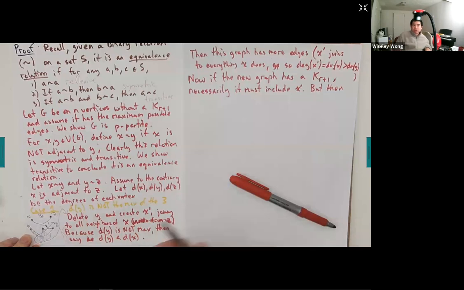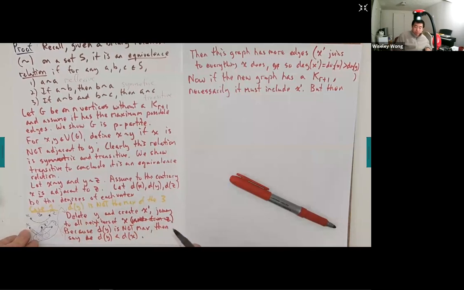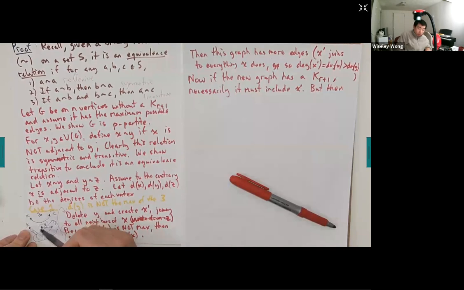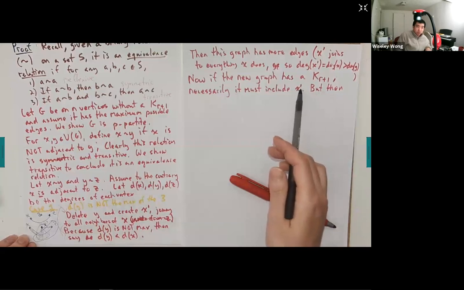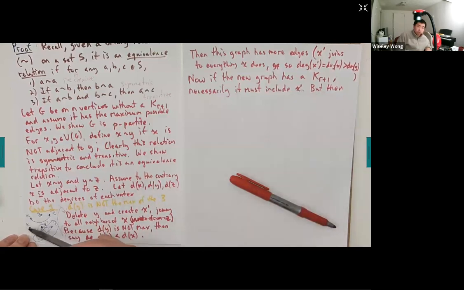It's adjacent to exactly everything that x is, by how we define this. And remember that there's no edge between them; I just deleted y and put in an x prime. So if you're telling me that there's a clique here containing x prime, well, x had the exact same adjacent vertices as x prime did. But then what you would have been saying, if there was a clique of size r+1 containing x prime, is that I could have switched x prime and just chosen x, and there would have been a clique in the original graph also.